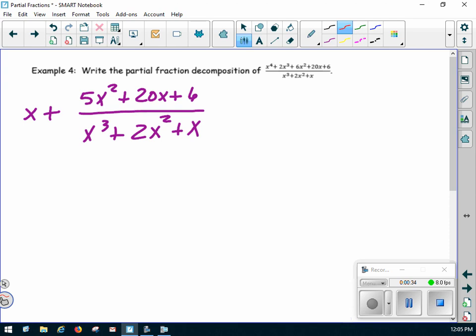Do you remember what's the first step? Factor the denominator, good. Okay, if we take an x out, will that denominator factor further?